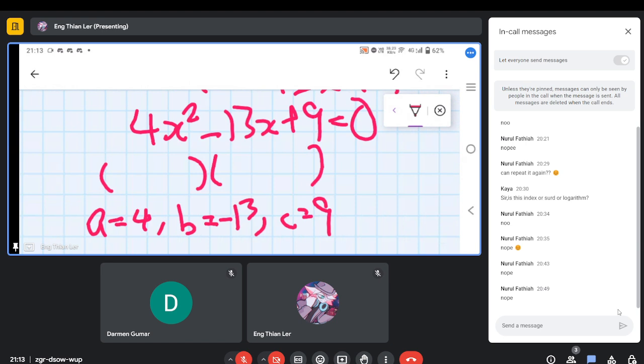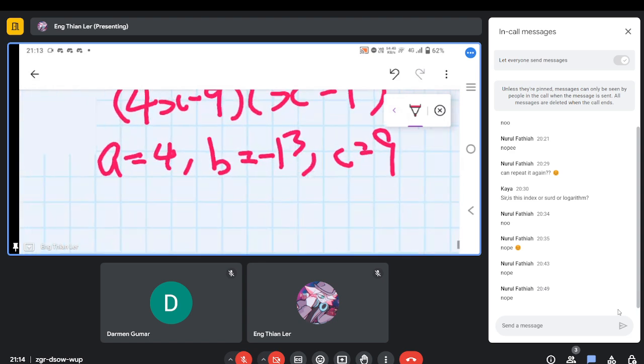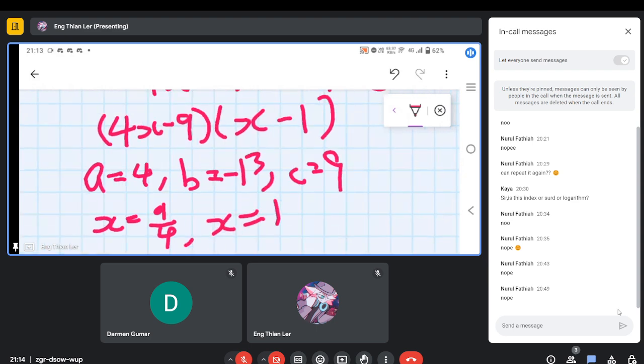Type everything in. We find that the first solution is 9 over 4, and the second solution is 1. Okay, so now we have two solutions: x equal to 9 over 4, x equal to 1.